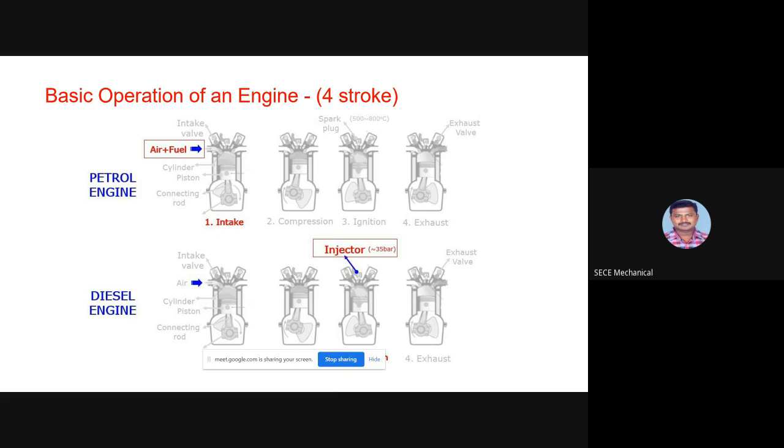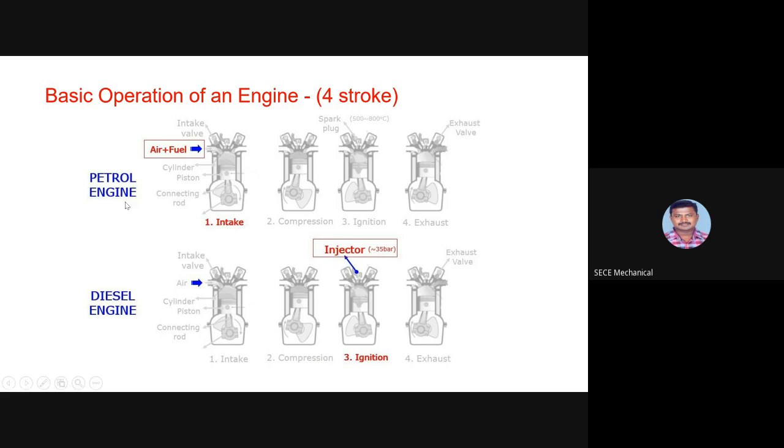In four-stroke IC engines, you know very well there are four strokes: suction or intake stroke, compression stroke, power or expansion stroke, and exhaust stroke. Here, for your understanding, it is clearly mentioned: intake stroke and ignition stroke.